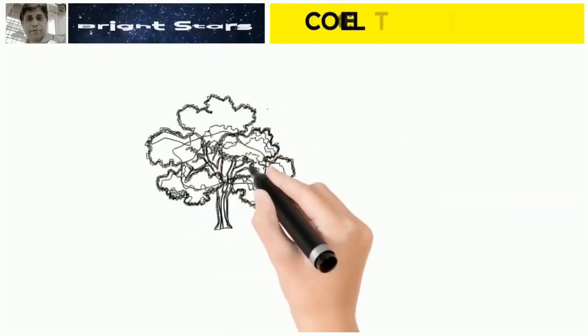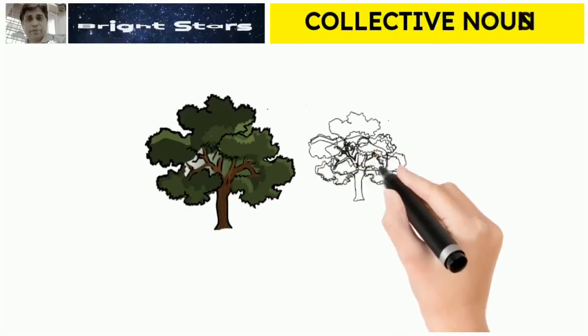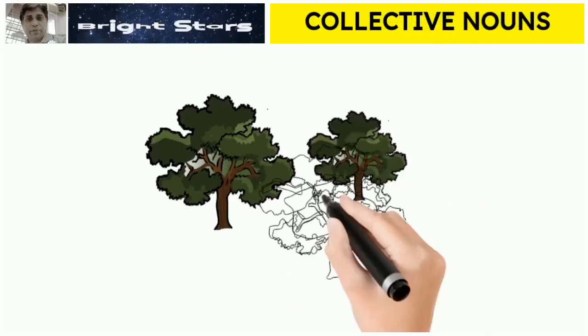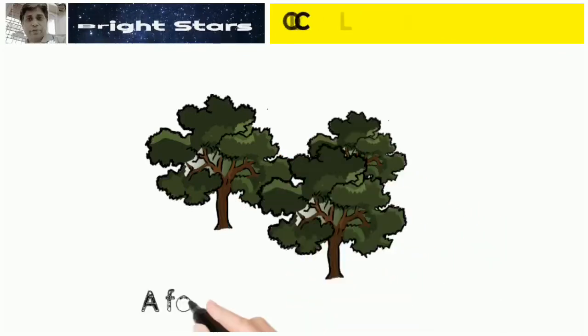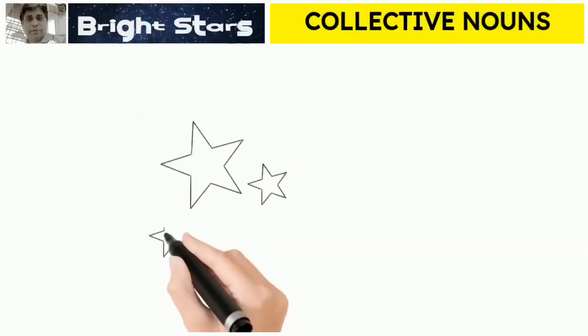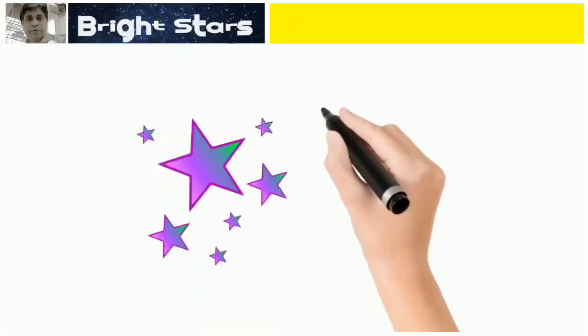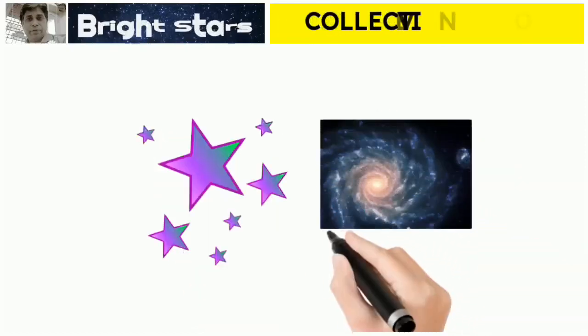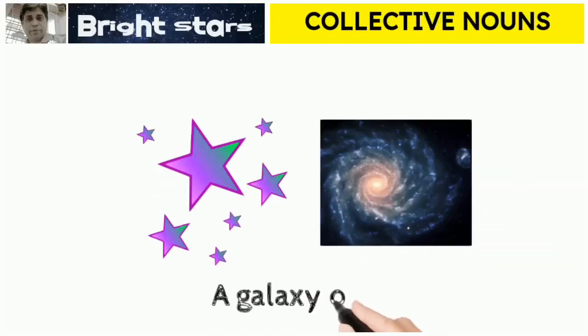If a group of trees is there, we can call it either a forest or a grove of trees. Likewise, a group of stars, we can call them a galaxy of stars, or a constellation also.